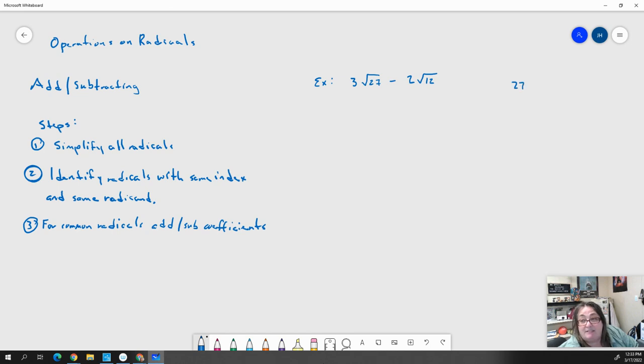If I look at 27, 27 is 3 times 9, which is 3 times 3. This being a square root, as soon as I have a pair, I can pull a 3 out. Once I pull this 3 out, though, I still have this other 3 left. And so this is going to be 3 times the 3 we pull out. But back underneath here, we're going to have to put that remaining 3, right?